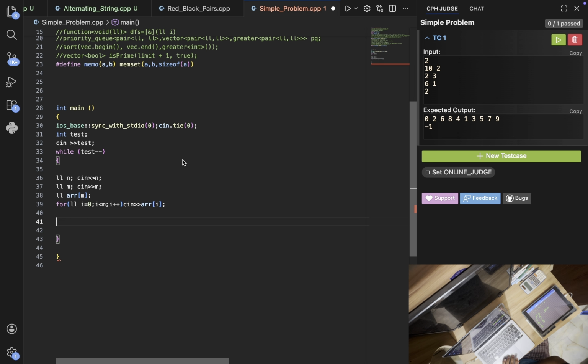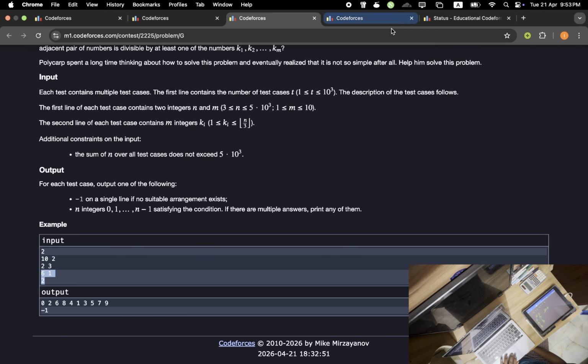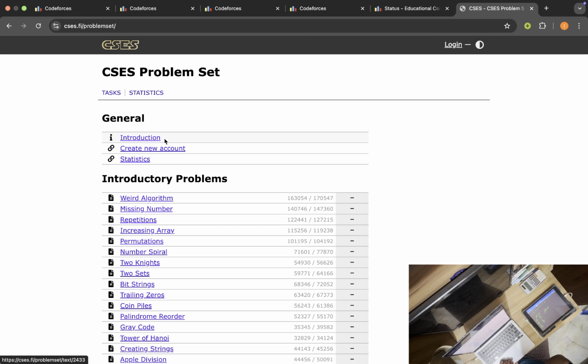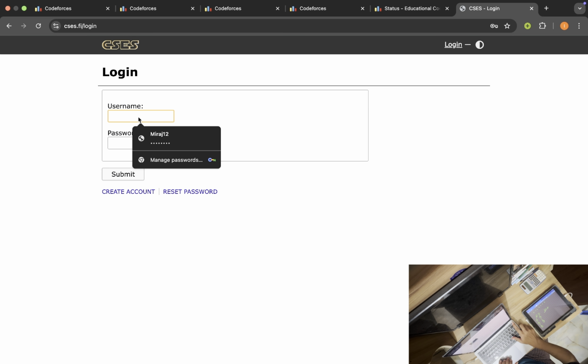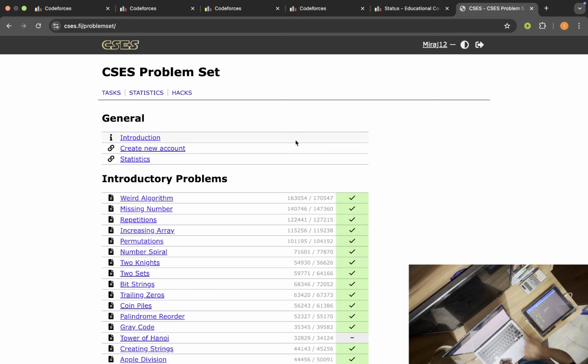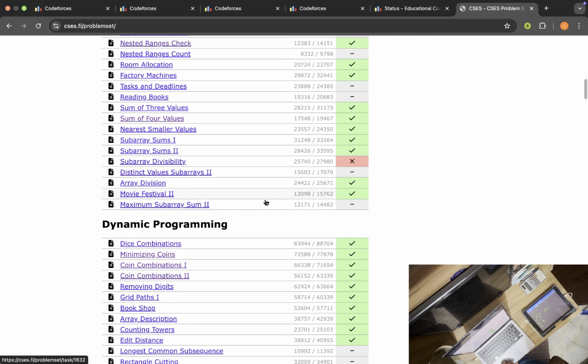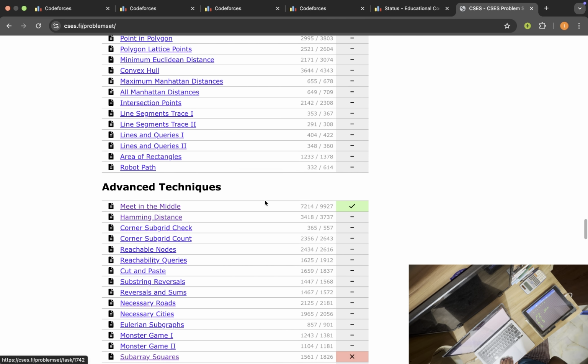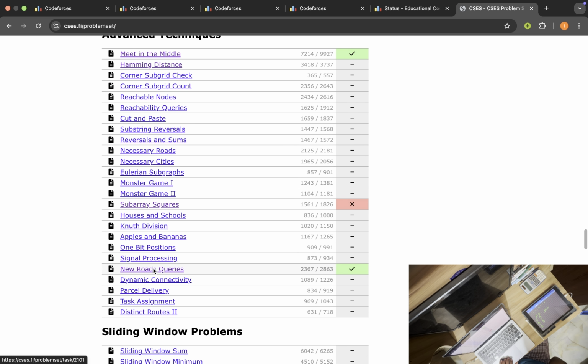Should I just take the template actually? I'll just take the template from CSES. Not gonna lie, because it looks like a CSES problem, and Codeforces allows it. You can use any of your old code actually. What is the problem? Advanced techniques. Not meet in the middle.